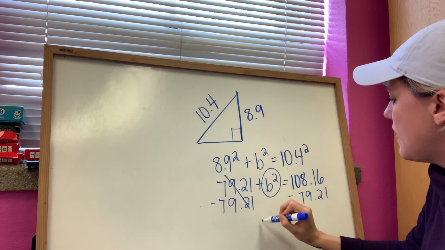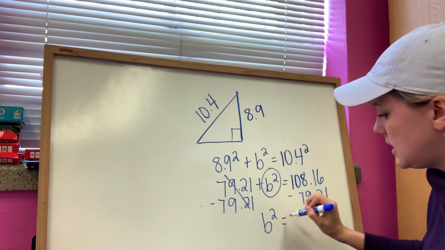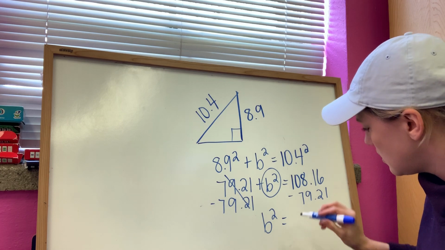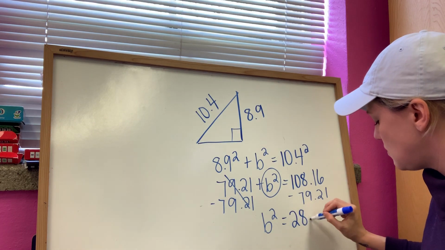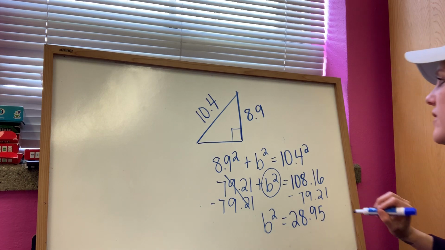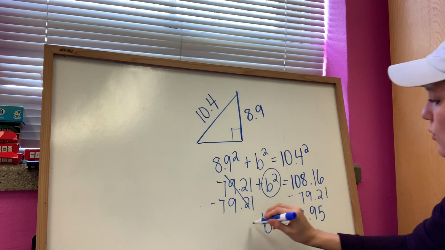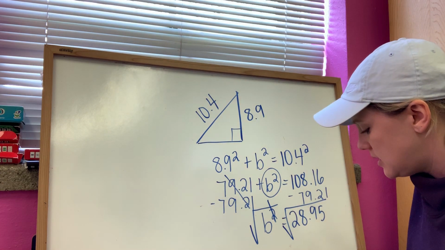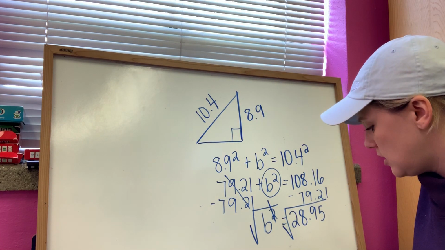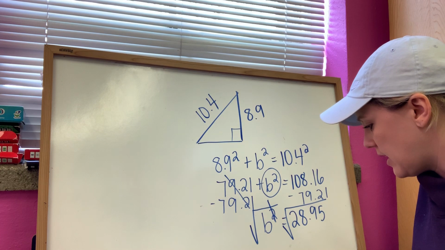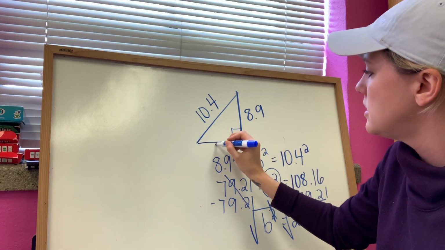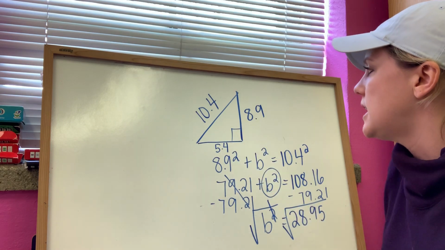Okay, and then I get b squared is equal to 28.95. And we can't forget to square root that to cancel out that squared. So second square root 28.95, and I got 5.4 when I round to the nearest tenth.